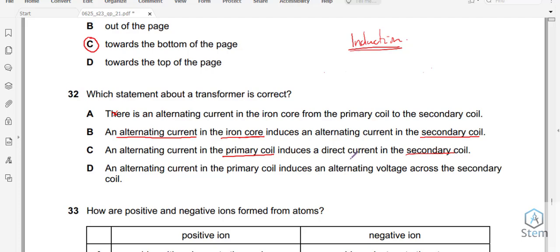The current that we induce will be alternating, not direct. Then lastly, an alternating current in the primary coil induces an alternating voltage across the secondary coil. This is correct, and it is an example of Faraday's law.